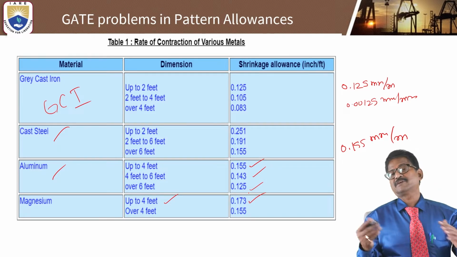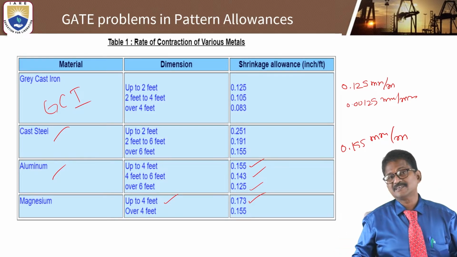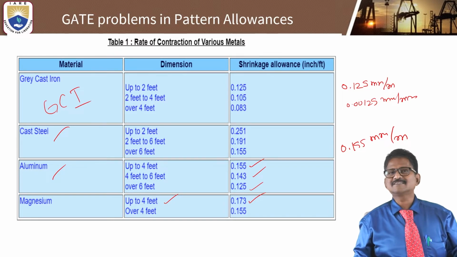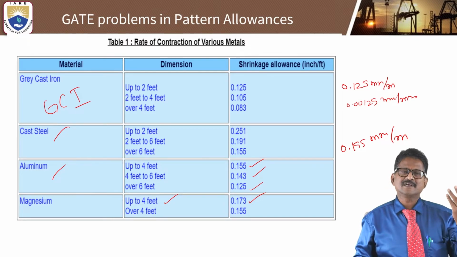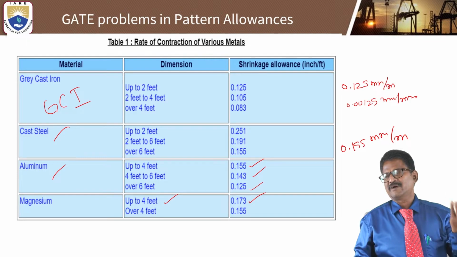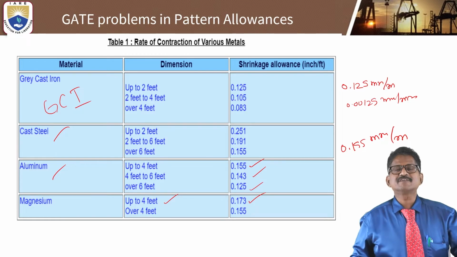They may ask ferrous, meaning grey cast iron, mild steel, or some cast steel, but for non-ferrous metals like aluminium, copper, zinc, magnesium, this type of material can be frequently asked.